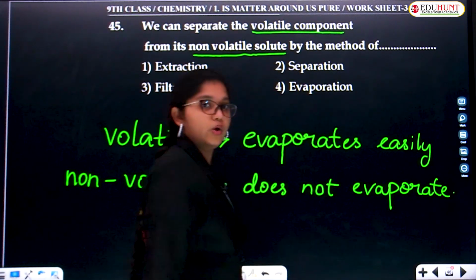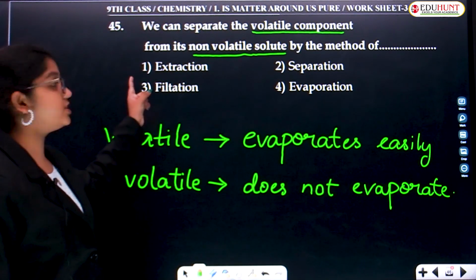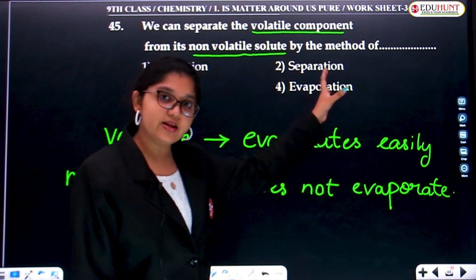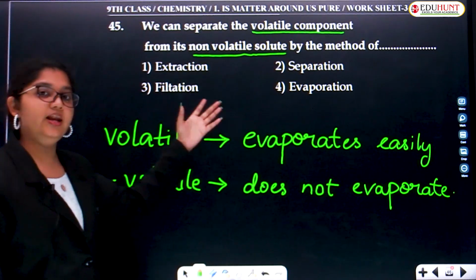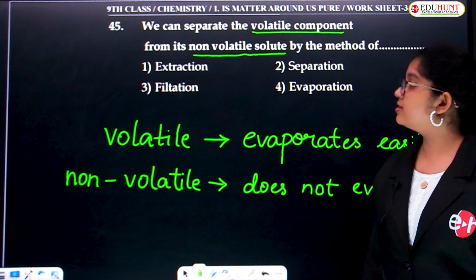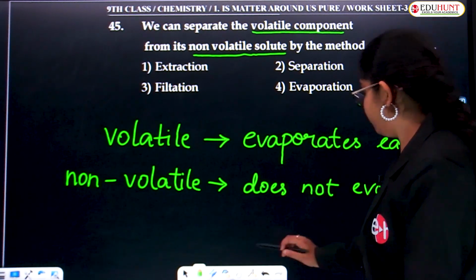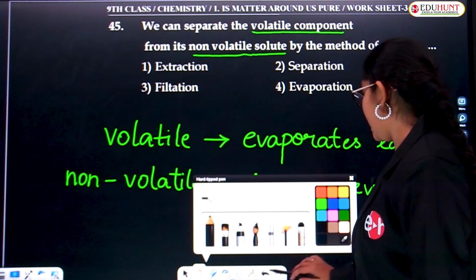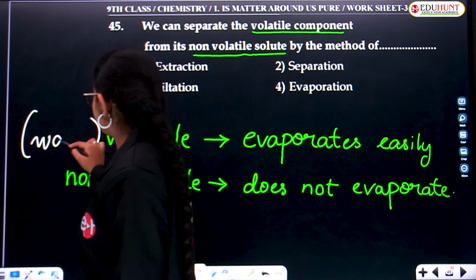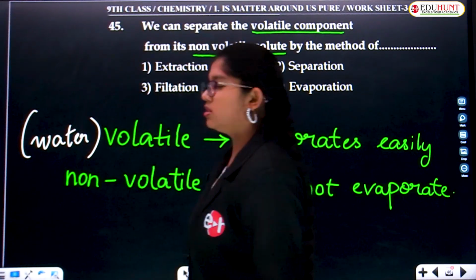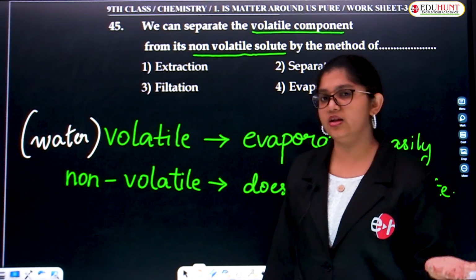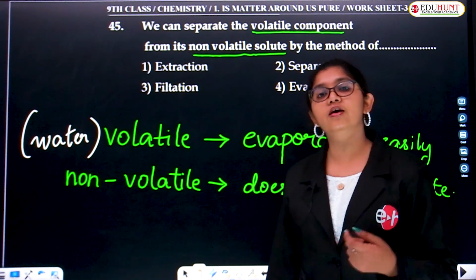So where do we have this particular bit? In the 45th, we have options: extraction, separation, filtration and evaporation. What comes under this, children? For example, if I take the volatile product as water, and the non-volatile component in the experiment as the colored component, the dye, of black ink or blue ink.